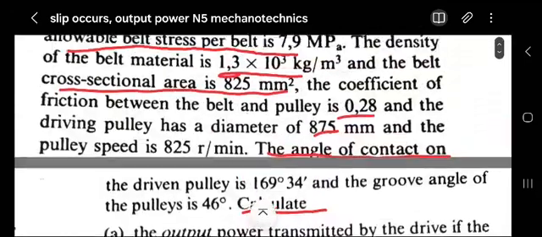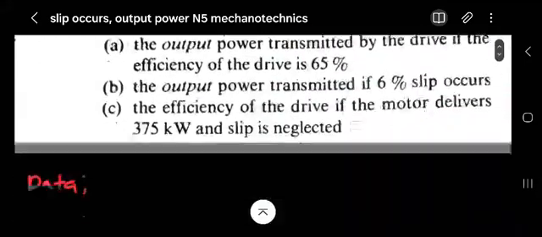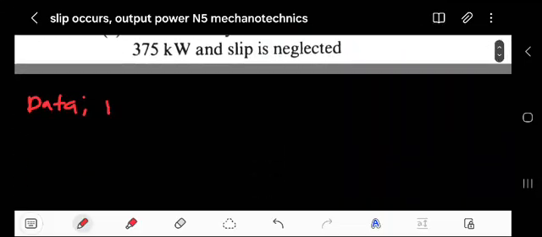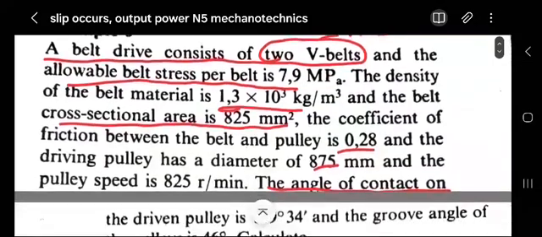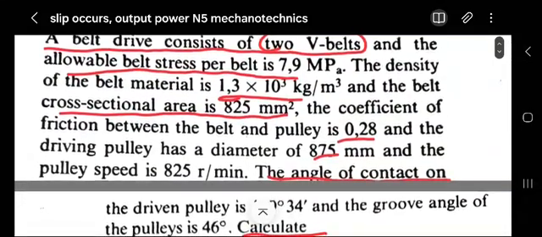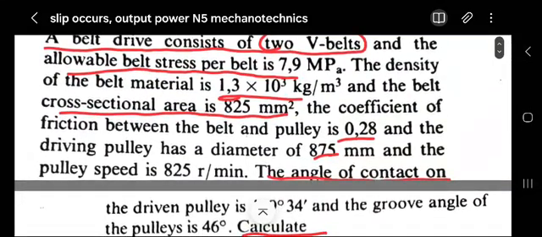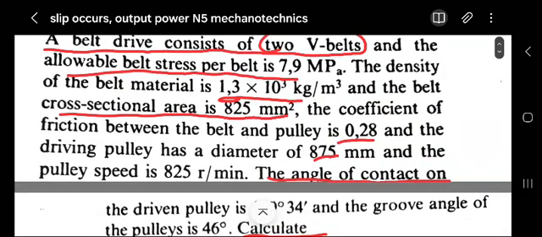We're given 2 V-belts, the number of belts, and the allowable belt stress, given in megapascal.